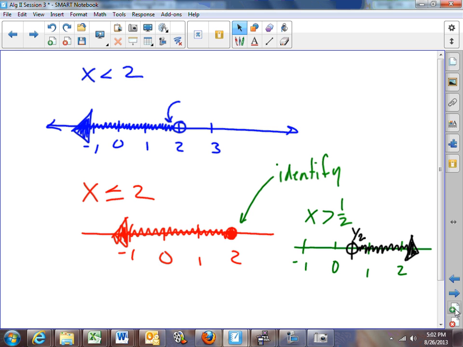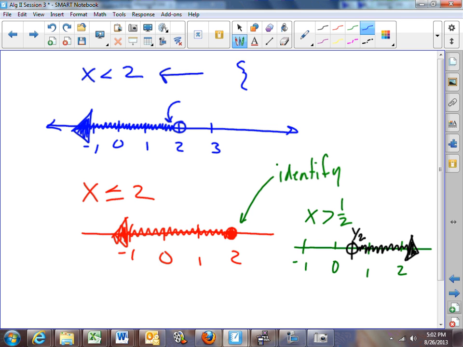Now, a lot of times also we want to give the solution sets to these inequalities. So if we have an inequality and it turns out that the solution set is all the real numbers less than 2, a lot of times what we do to show that set is we'll use what is called set builder notation. It looks something like this. See, this is a left set brace.